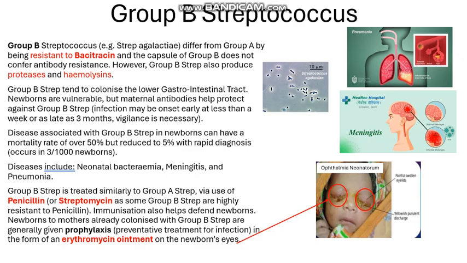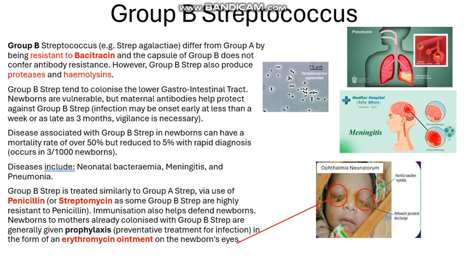And this kind of antibiotic is going to kill any of the group B strep that have landed on the baby's eyes as it was being born through the birth canal. So that's how the baby would have got these group B strep on them. When they were being born, they would have picked it up through the birth canal.